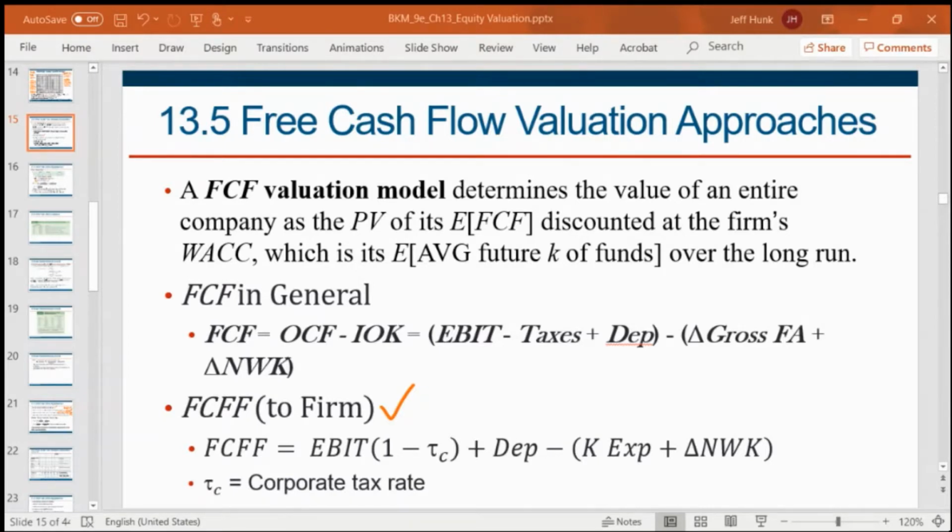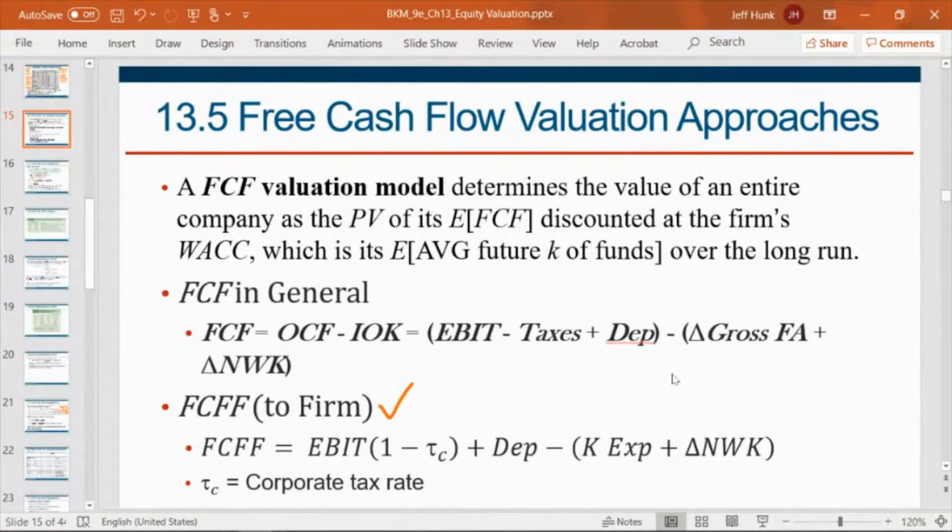In terms of methodology, it's still the same thing as the dividend discount model. It's just that instead of dividend, we are using free cash flow.